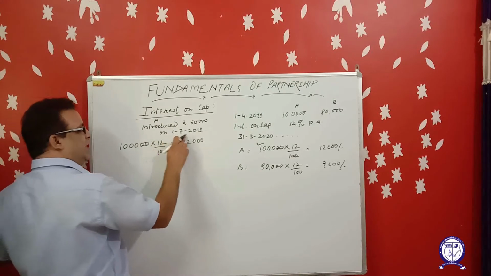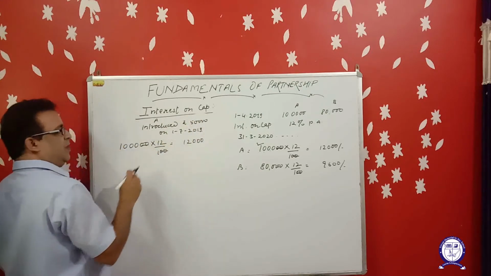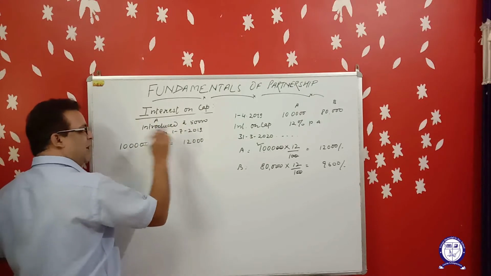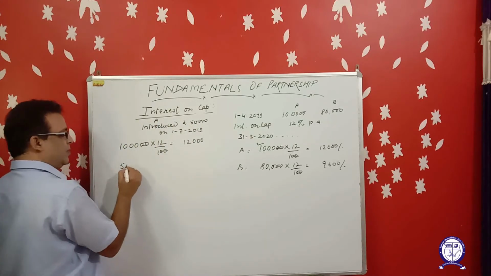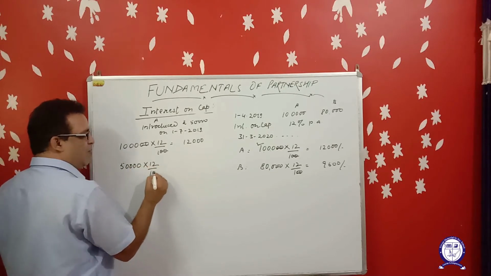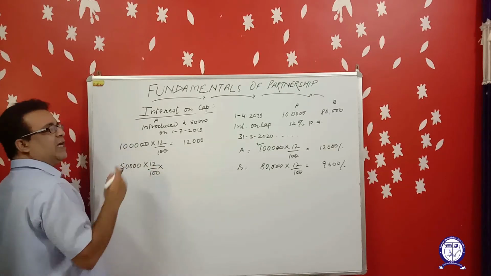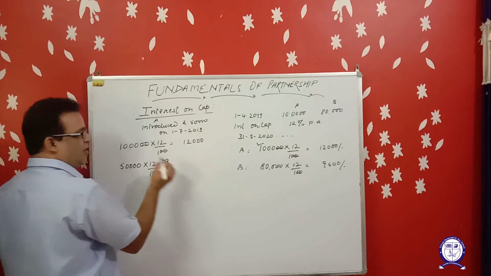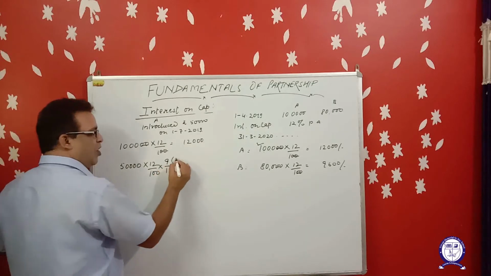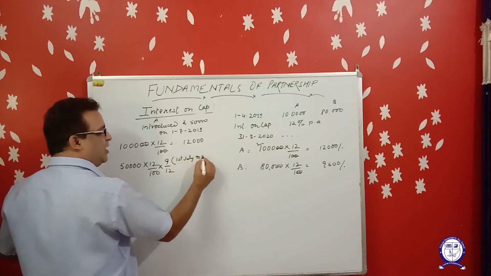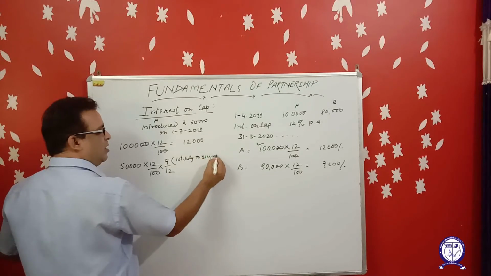Now interest on this 50,000. This 50,000 is introduced by A on 1st July. So interest will be calculated from 1st July to 31st March, 9 months.